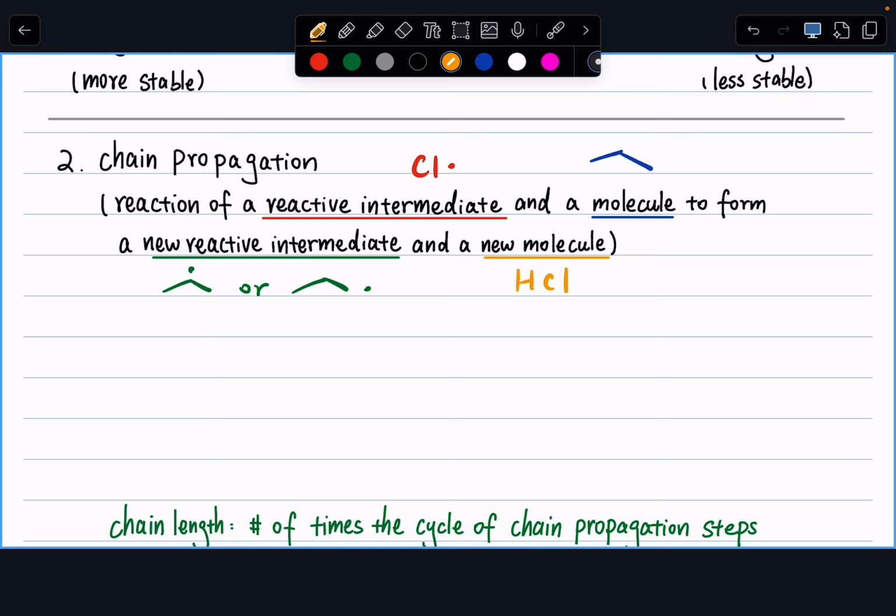Or the other way to put it is, we can write out a general reaction like X dot plus A bonded to B, and in here we're forming a new bond between XA and then breaking the AB bond and forming another radical. So we are forming XA plus B dot.